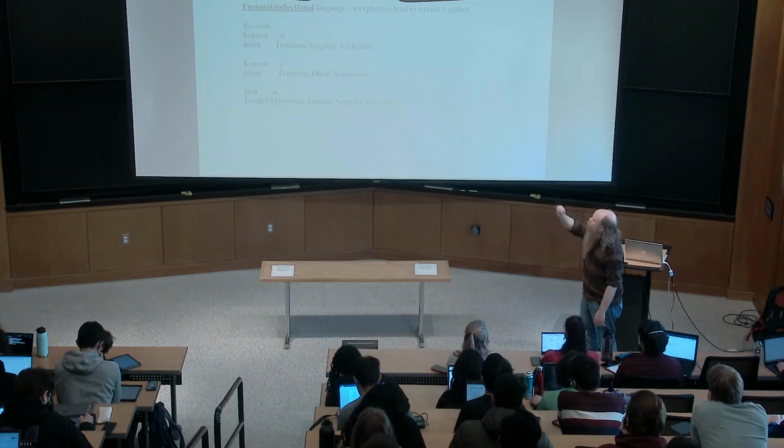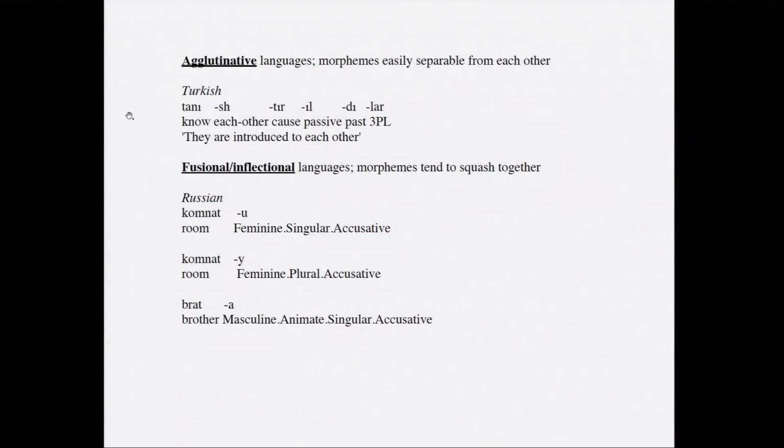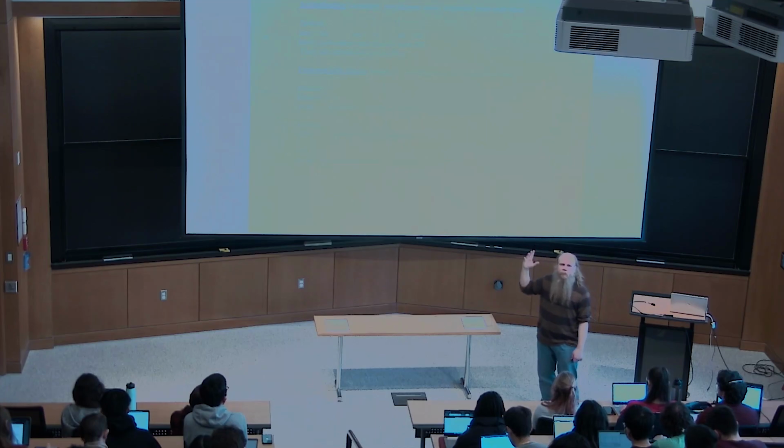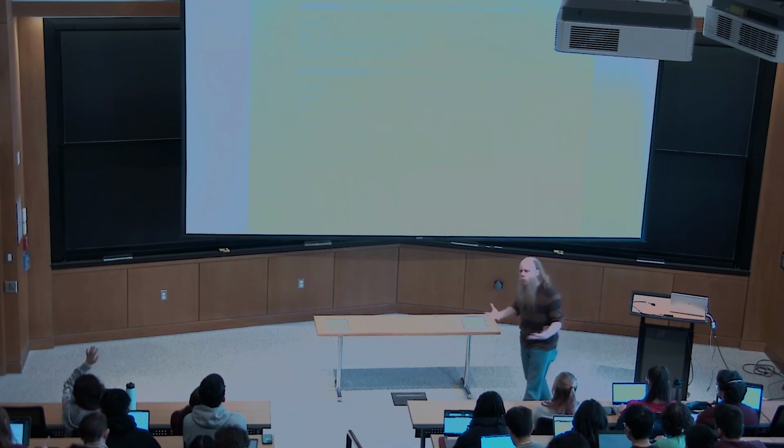So the u at the end of komnatu means feminine, singular, and accusative, and the y at the end of komnaty means feminine and plural and accusative, and it's hopeless to try to find a part of that suffix that means singular or plural. It's just all in one big spot.